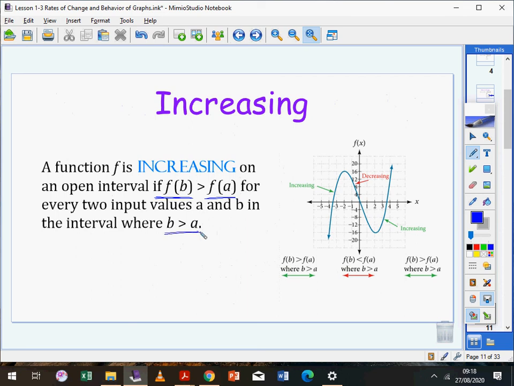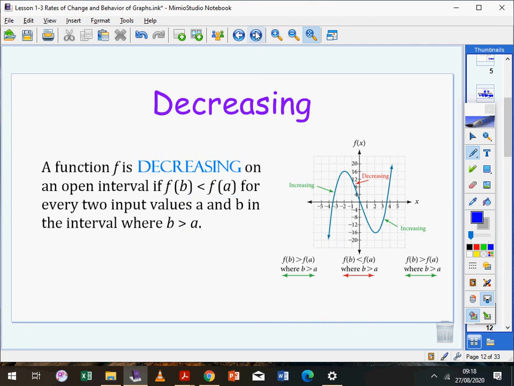So if around here is b and this is a, then I expect the value of the function at b to be greater than the value of the function at a for me to say that that function is increasing, which is simply what I explained a little bit earlier. The same thing for decreasing. If the values of the function are going down as we go to the right across the domain, then the function is decreasing.